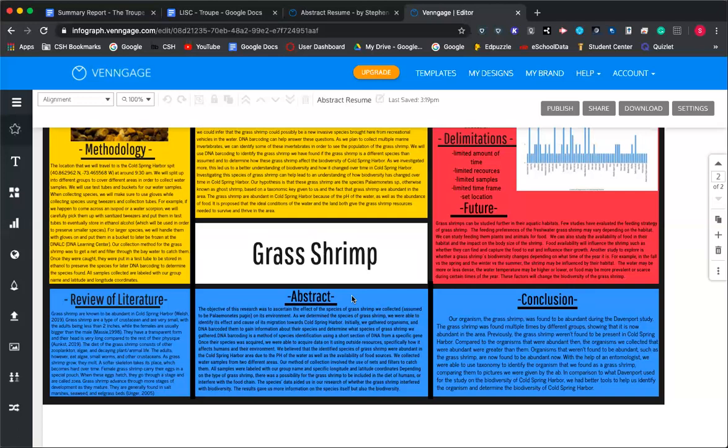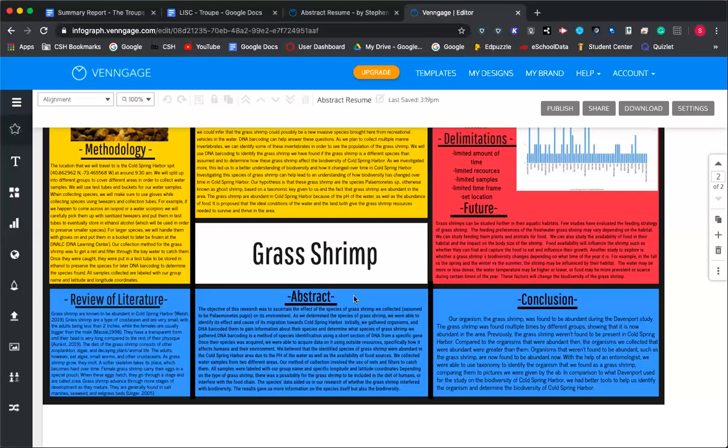DNA barcoding is a method of species identification using a short section of DNA from a specific gene. Once their species was acquired, we were able to acquire data on it using outside resources, specifically how it affects humans and their environment.